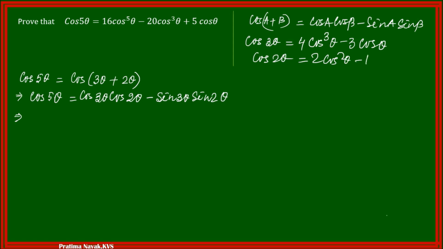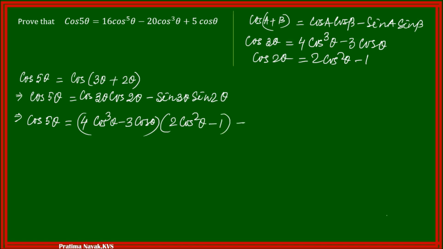So replacing this, I'll get cos 5 theta equals 4 cos cube theta minus 3 cos theta times 2 cos square theta minus 1.